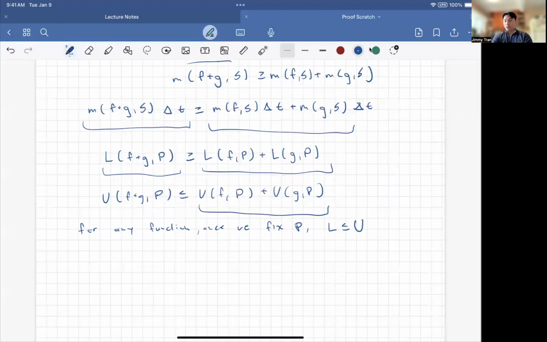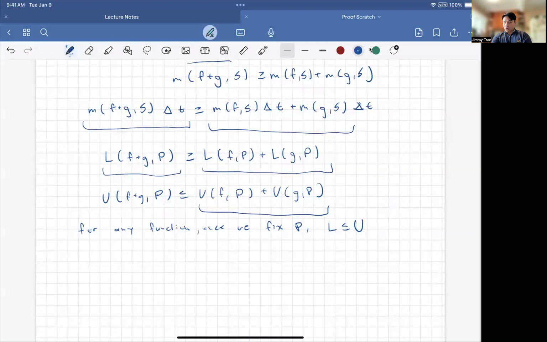And this is true because the lower Darboux sum, remember, is made up of the infimum, and the upper Darboux sum is made of the supremum. And we know that the infimum is always less than or equal to the supremum when we have any function and we fix some particular partition P.